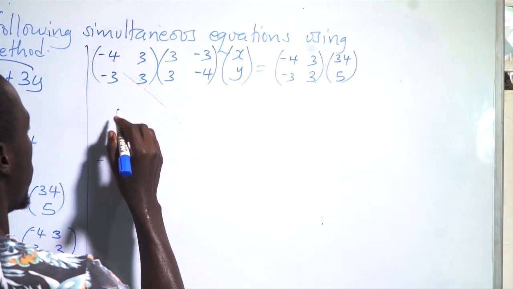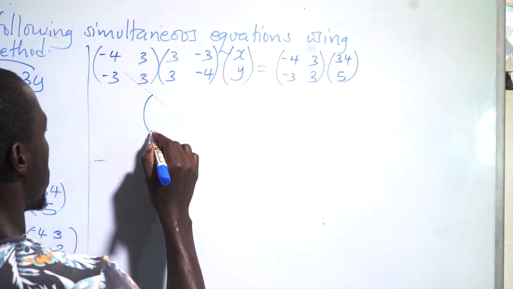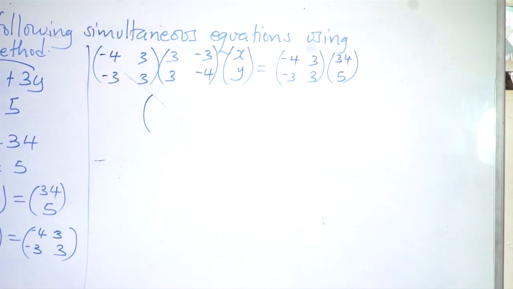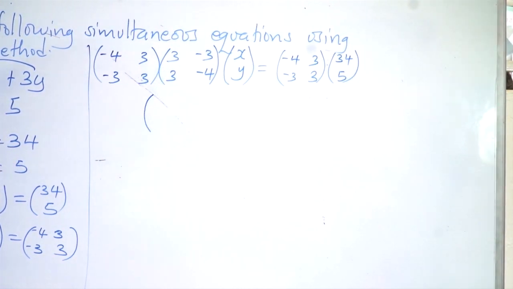Multiplication, row by column, as I'm adding. Now I'm going to be speeded because you should be able to go back to the videos of matrix multiplication so as to see how we multiply the matrices.